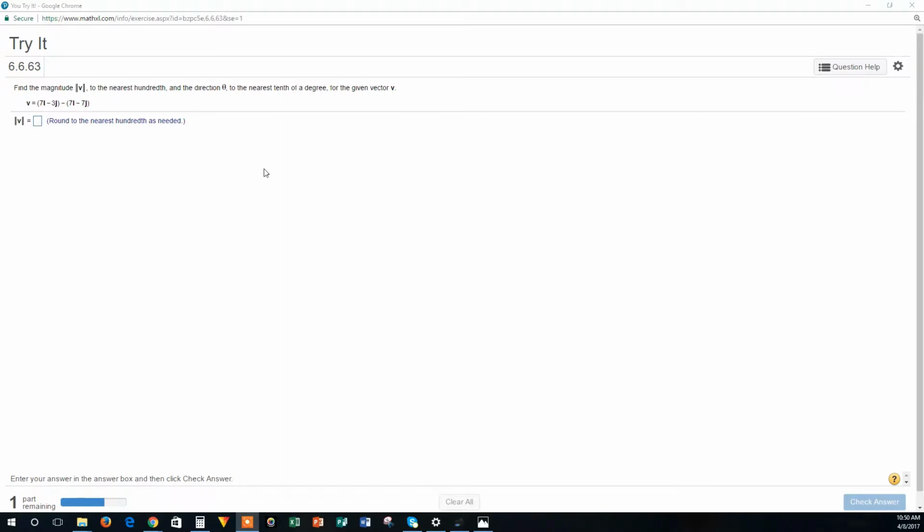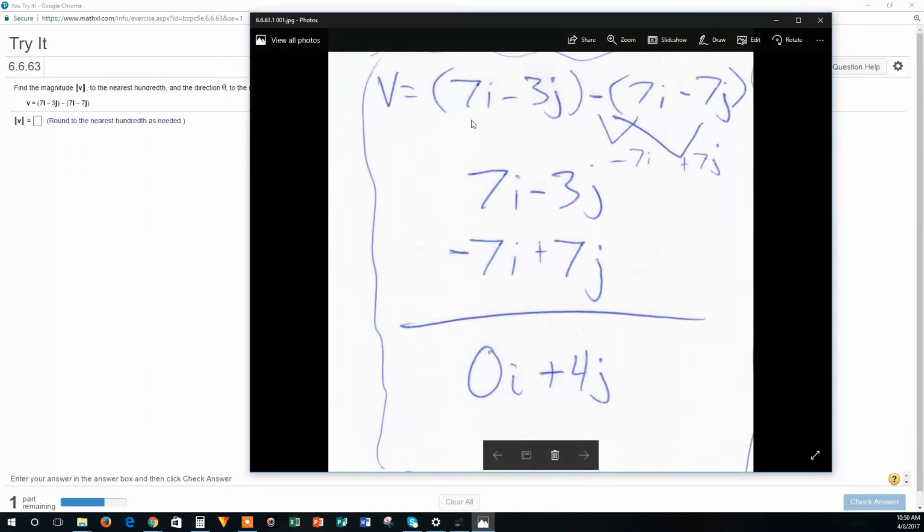Let's try another example. This is 63, or it's just the next question available. Find the magnitude to the nearest hundredth and the direction to the nearest tenth. This one has a little bit of basic algebra to work on. They're giving us 7i minus 3j, which is really a positive 7i and a negative 3j, minus, in parentheses, so this is really negative 1 times 7i, which is negative 7i, and negative 1 times negative 7j, which is a positive 7j.